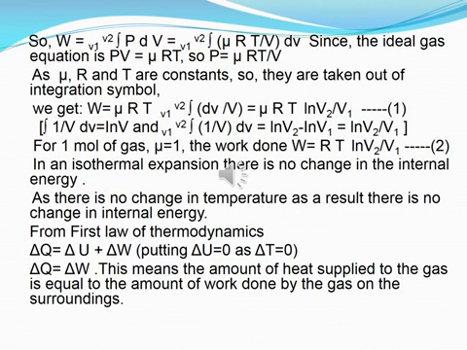As nu, R and T are constants, so they are taken out of integration symbol. So we get W is equal to nu RT integration of dV by V from V1 to V2. It is equal to nu RT natural logarithm of V2 by V1, which is the expression 1.